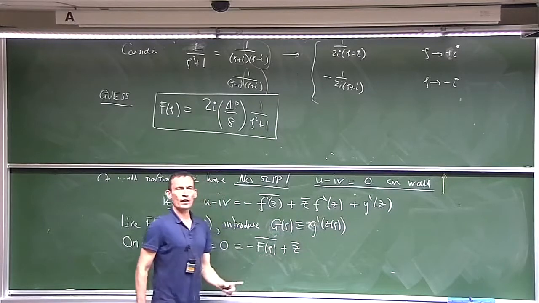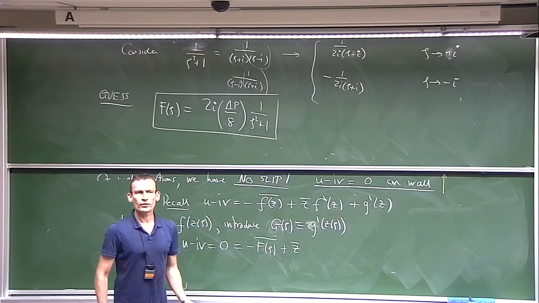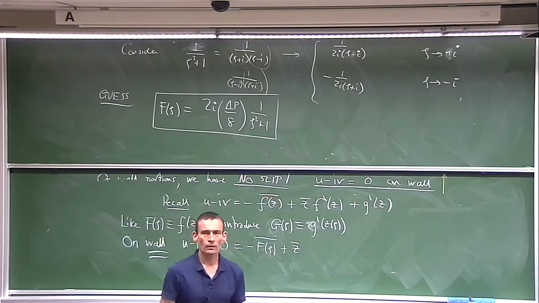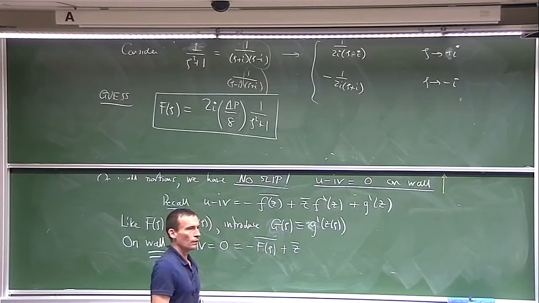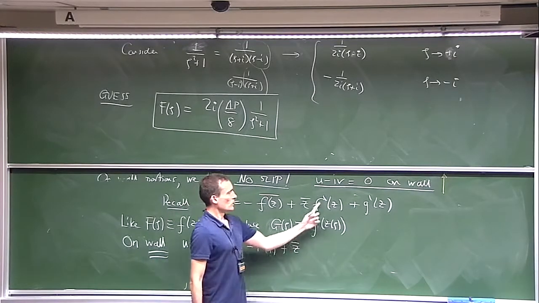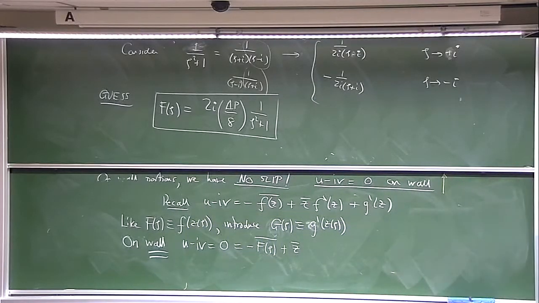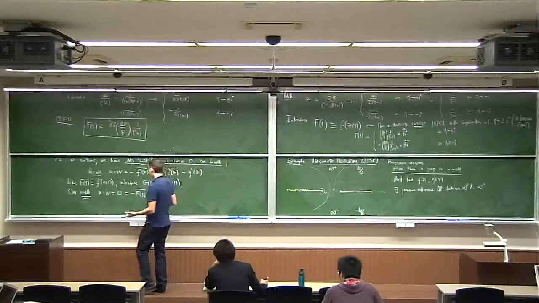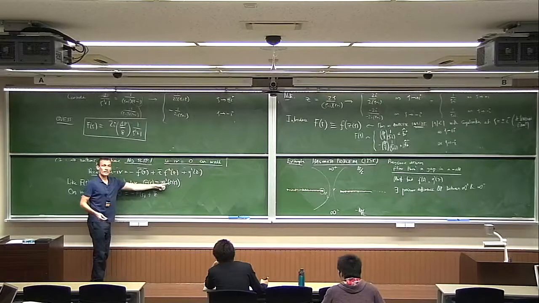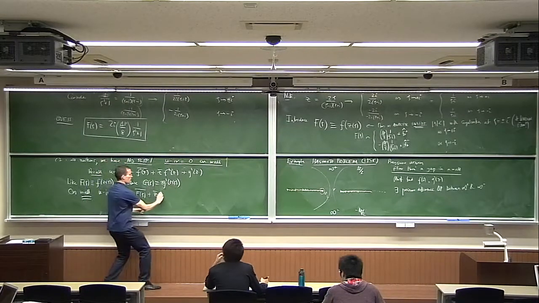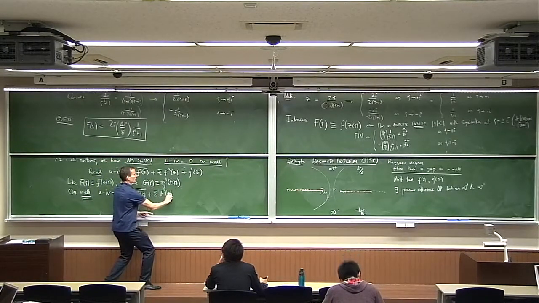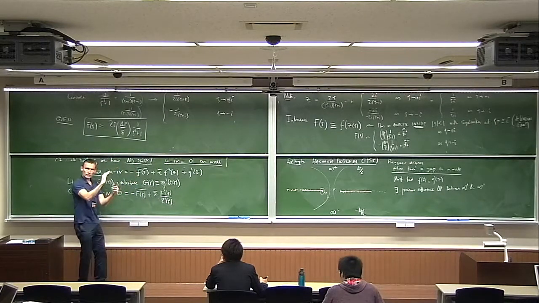What's F prime in terms of capital F? I know capital F is this, so what's F prime in terms of capital F? I have to use the chain rule, because this is df by dz. So it's F prime of zeta divided by z prime of zeta: df by d zeta divided by dz by d zeta.